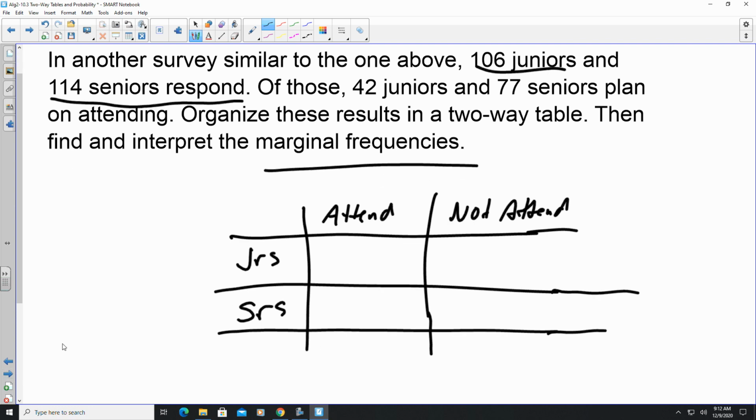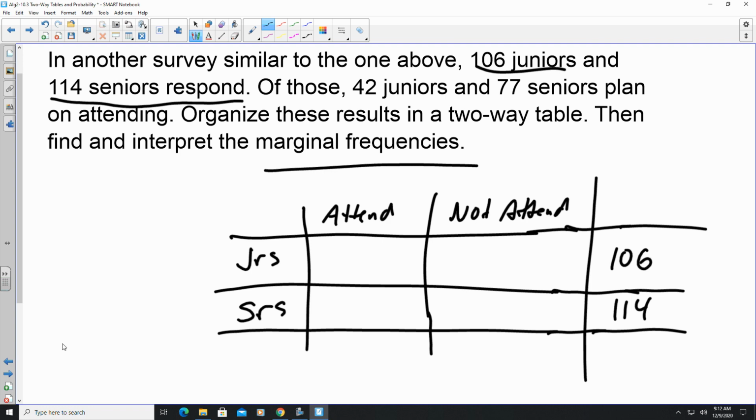From here, what we know is that 106 juniors responded and 114 seniors responded. And it says 42 juniors plan on attending, so I would put the 42 here, and 77 seniors plan on attending.